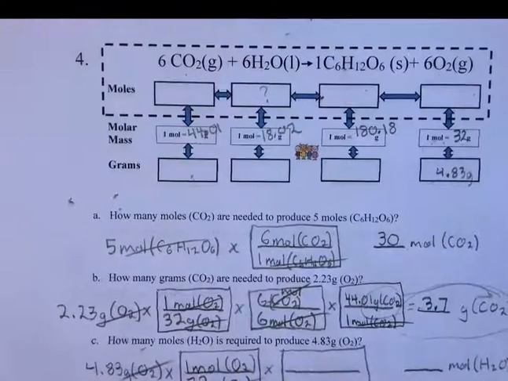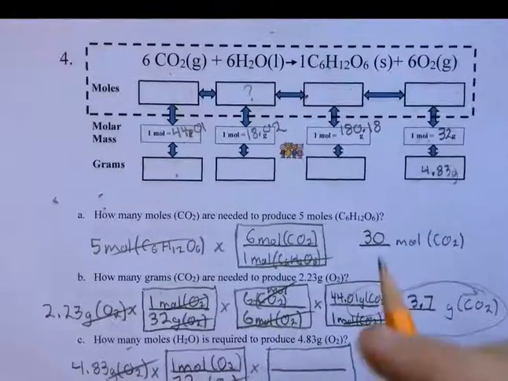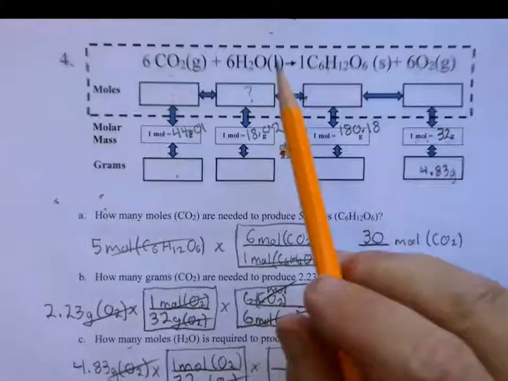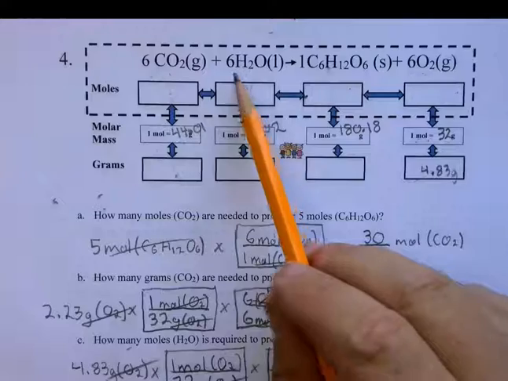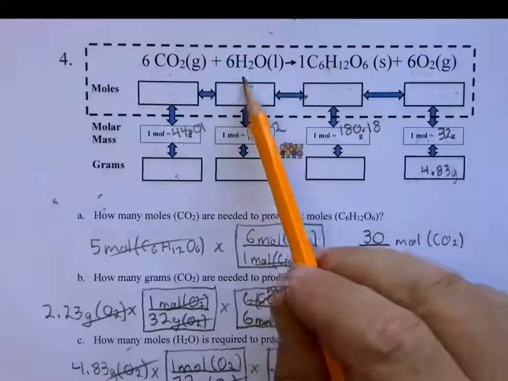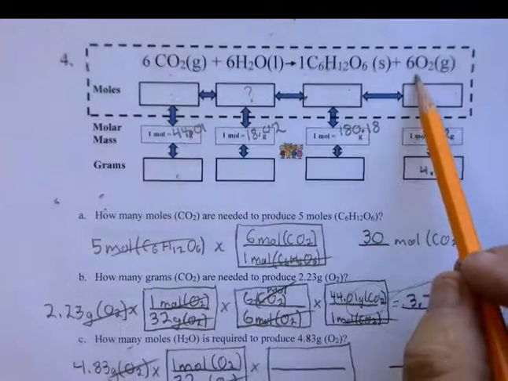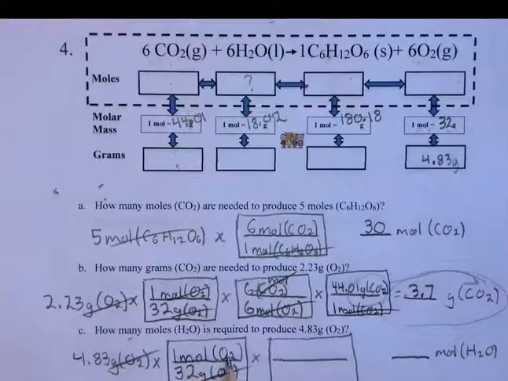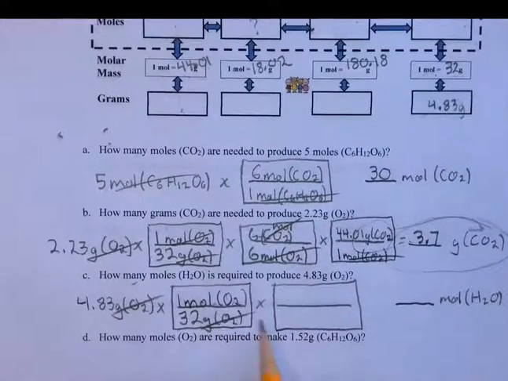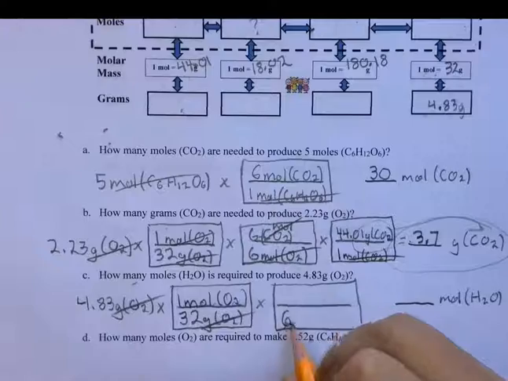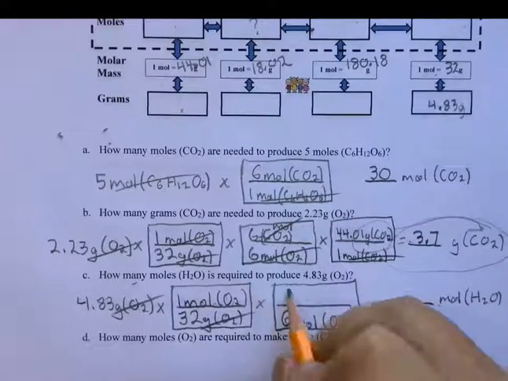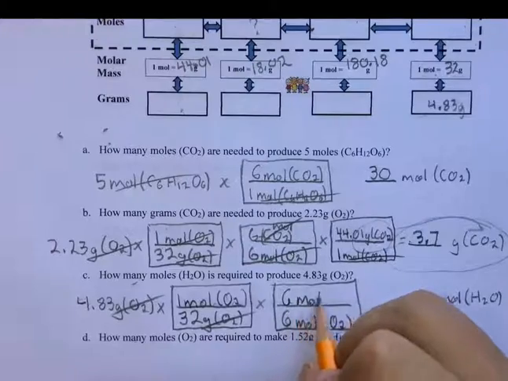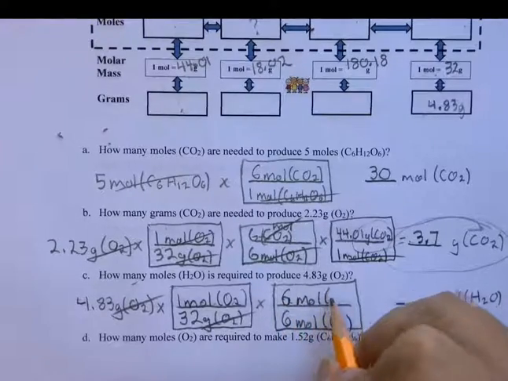Grams of O2 cancels. Now we need to go from moles of O2 to moles of H2O, so it's 6 O2 over 6 H2O, or 6 H2O over 6 O2. We need moles of O2 on the bottom, so it's going to be 6 moles of O2, 6 moles of H2O.